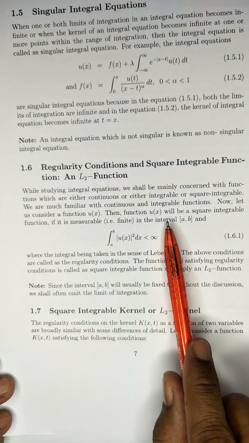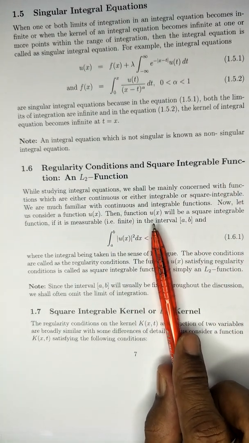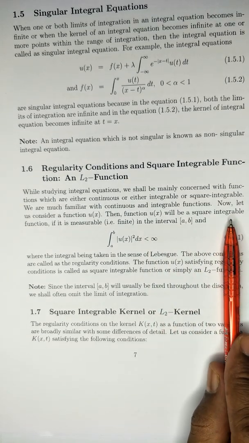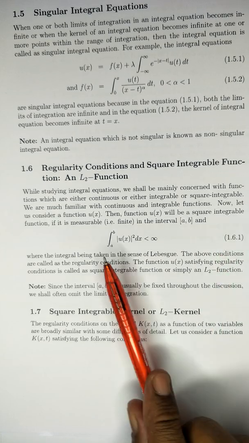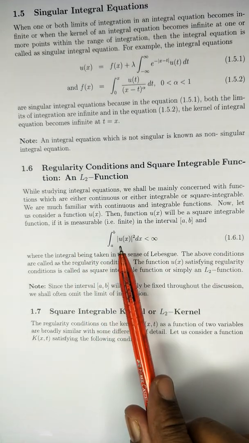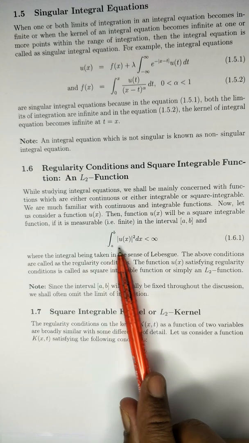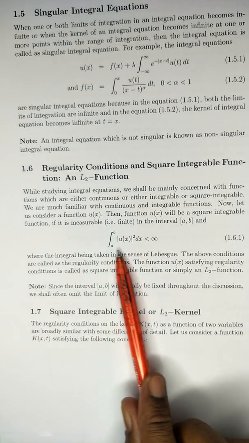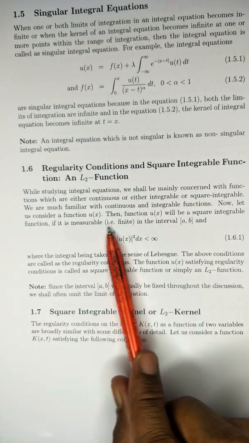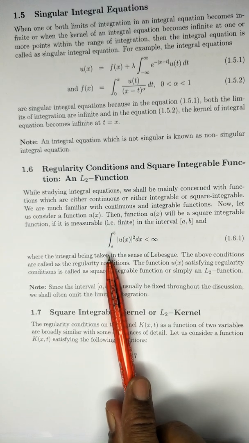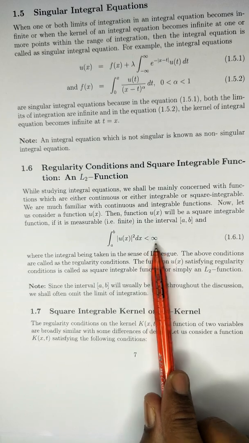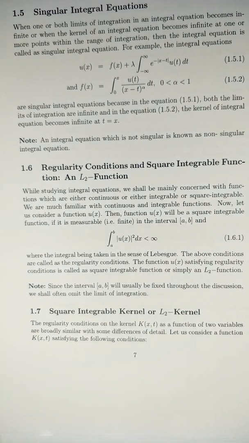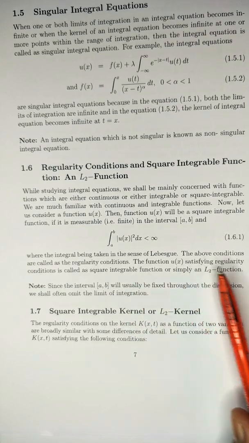The function u(x) we call a square integrable function if it is measurable, finite in the interval ab, and satisfies this: square integrable means the integral from a to b of the magnitude of u(x) squared dx is less than some finite number, where the integral is taken in the sense of Lebesgue.